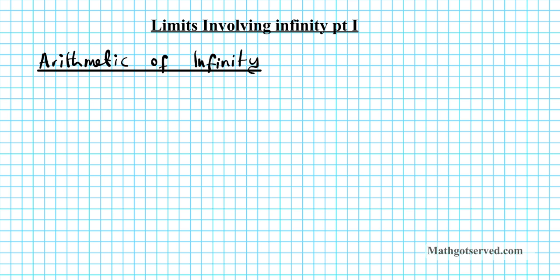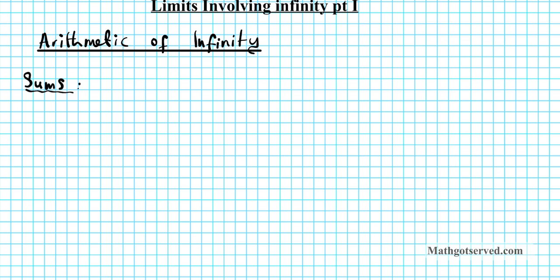All right, so the first part of this is finding the sums. So let's write this down, sums. These are the following facts you have to keep in mind when adding numbers involving infinity. The first one is infinity plus infinity equals infinity. If you add two infinitely large numbers, you end up with one infinitely large number.